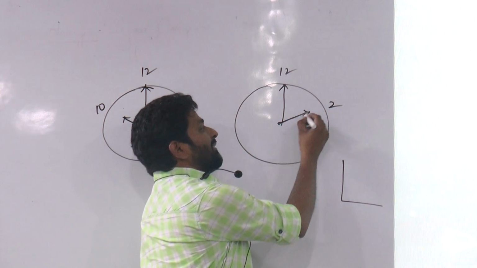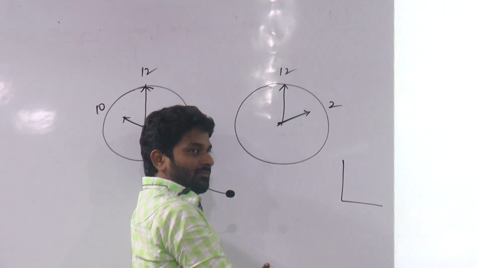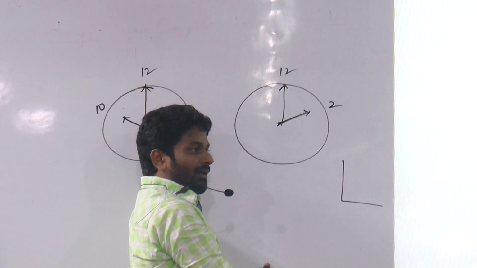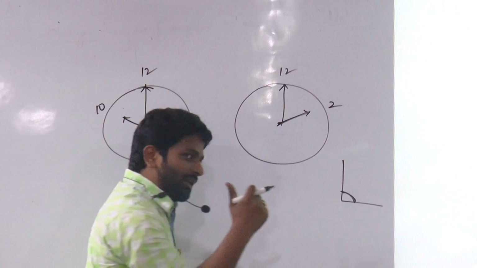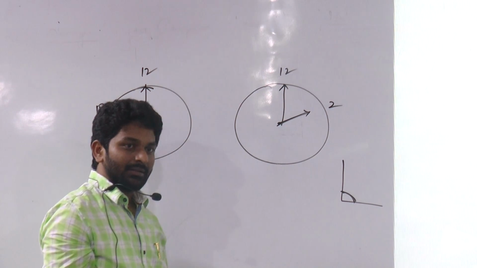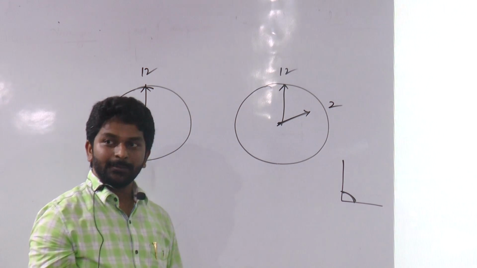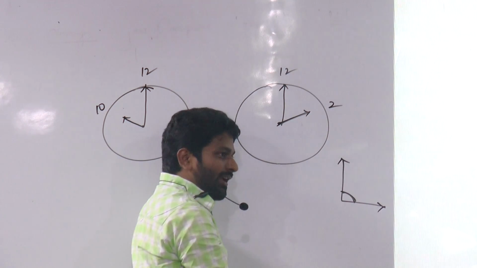You have your hours hand here, one upper side and one bottom side. Where do you want 90 degrees space? Between the hours hand and minutes hand only, right?